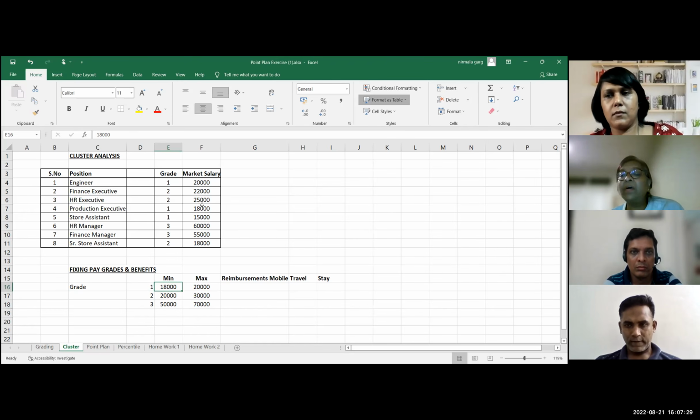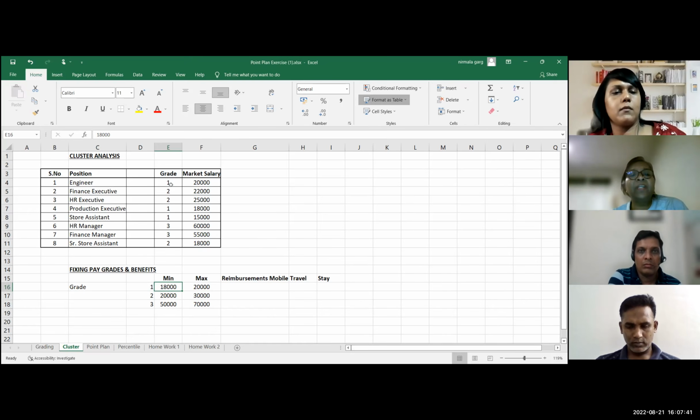All right. Okay. Now, if you see, these are 8 positions. I have mapped them, done job evaluation, and put them into various grades. So here you will see typically I've taken grades 1, 2, 3. This is the market salary. Now, how do I fix the salaries and how do I create grades?